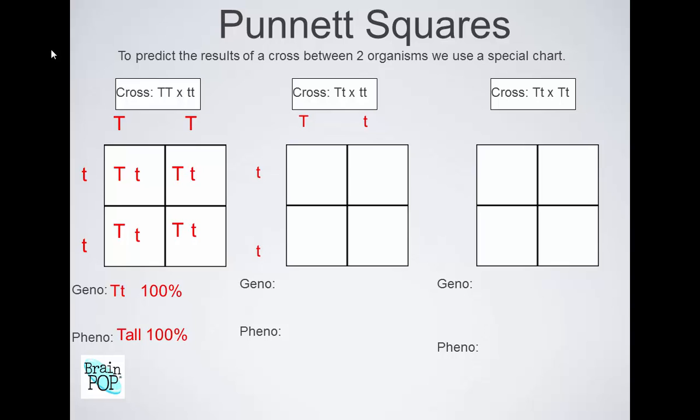Anna, what's going to end up in this box? Big T, little t. Big T from the top, little t from the side. Anita, what's going to end up in this box? Little t, big T. But we usually always write the big T first.